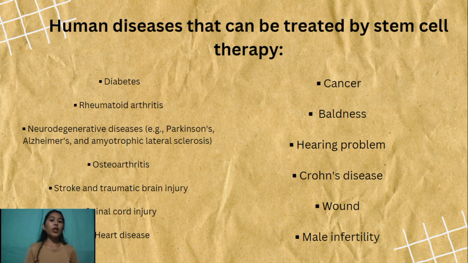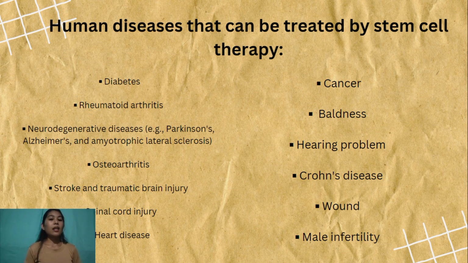Next, we have here neurodegenerative diseases, such as Parkinson's and Alzheimer's. Stem cells can replace lost or damaged brain cells and improve brain function in diseases like Alzheimer's.